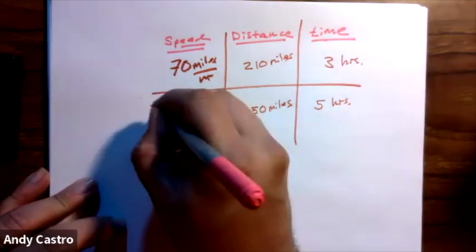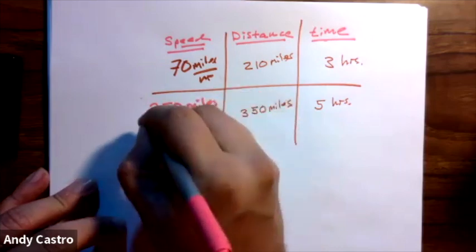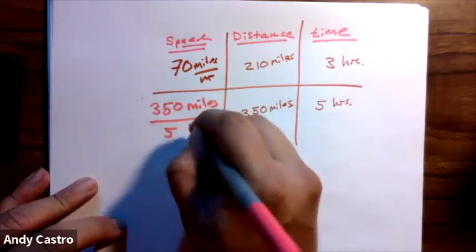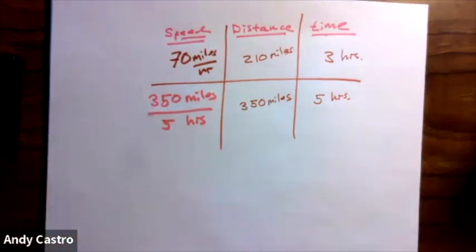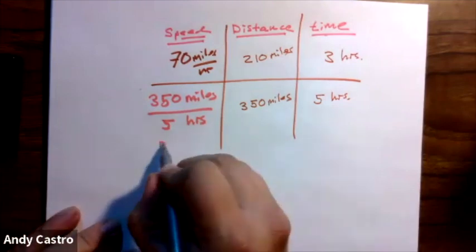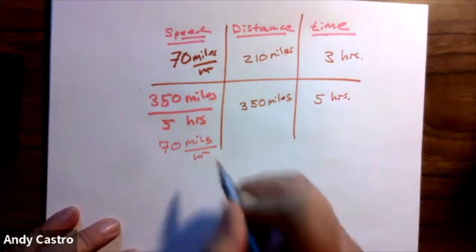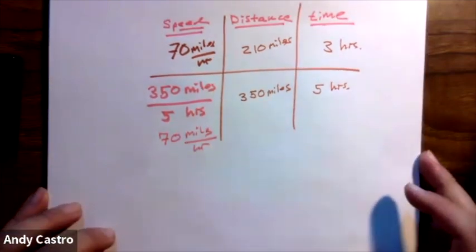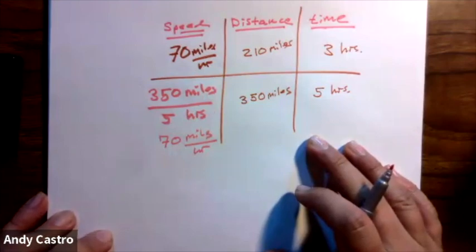So I know that I covered 350 miles per 5 hours. So if I do 350 divided by 5, I'm going to get 70 miles every hour. So there's a relationship here that exists.